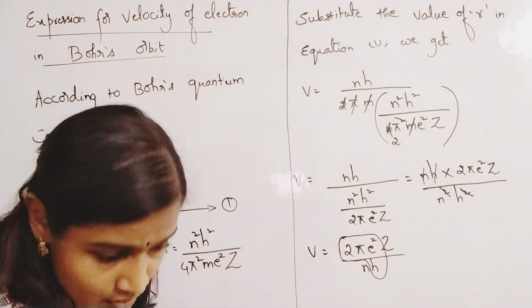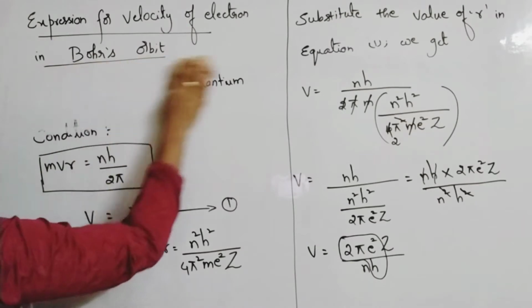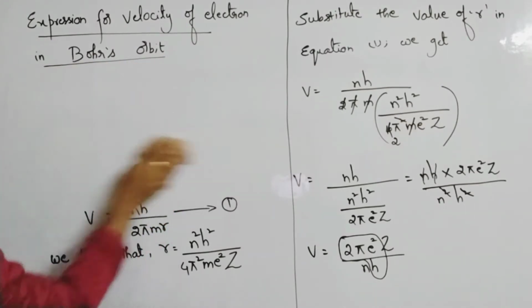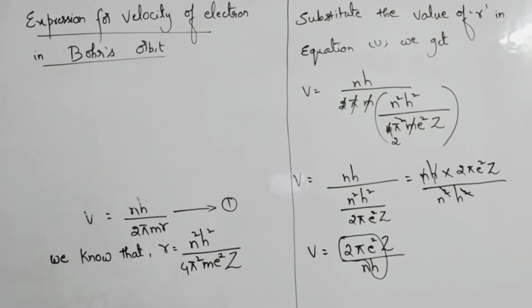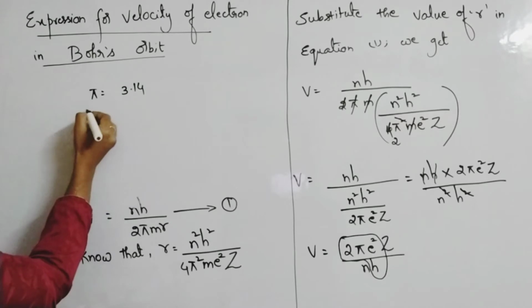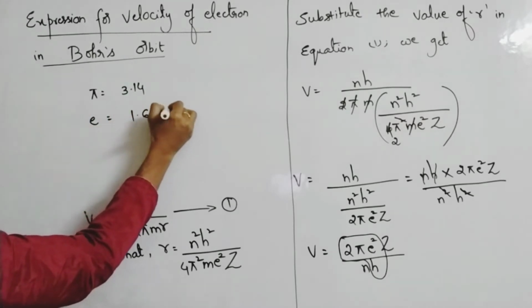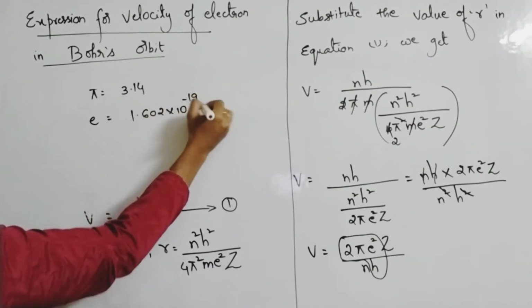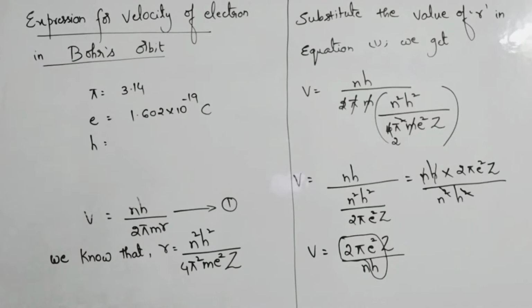So substitute the values: pi is 3.14, e is 1.602 into 10 to the power of minus 19 coulombs, and the h value you know. Now, what is the h value?